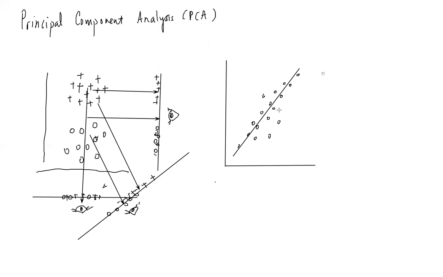There are many possible ways to construct this linear line. You can put it like this, or something like this as well, but usually we will put it in such a way that it satisfies certain optimization criteria. At this point, you can think of it as just a regression line.